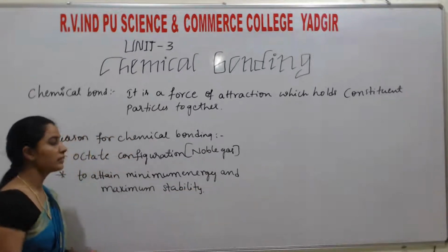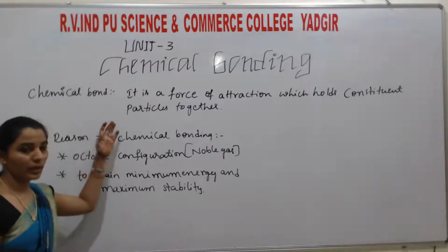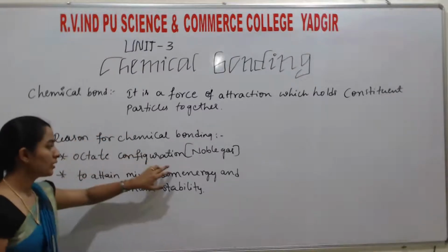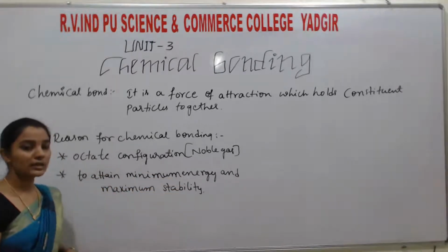So this is the reason why each and every atom wants to form a chemical bond. One, to attain octet configuration, and another, to attain minimum energy and maximum stability.